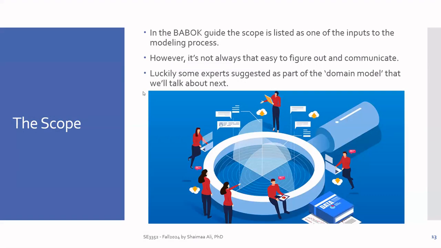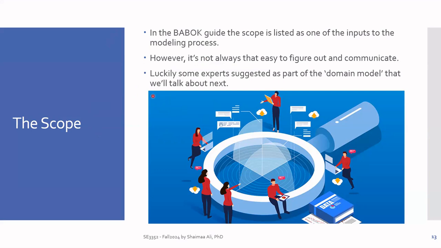So in the business analyst guide, you will see that the scope is mentioned as one of the inputs to the modeling process. However, in reality, it is not always very easy to recognize the scope just through the elicitation.